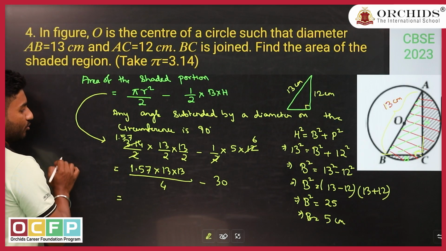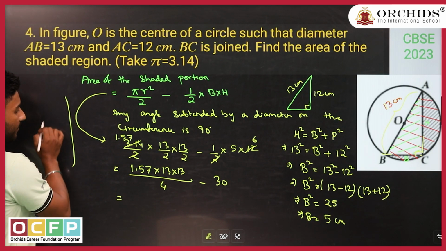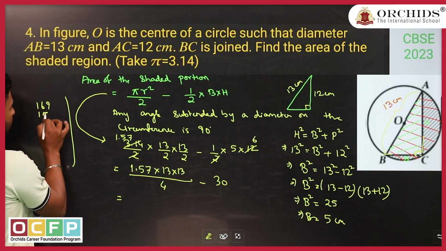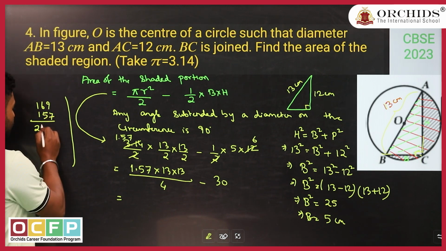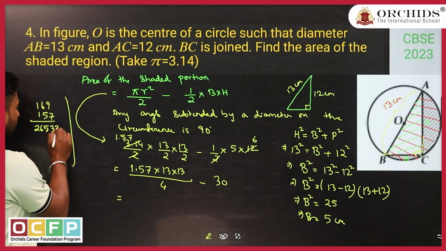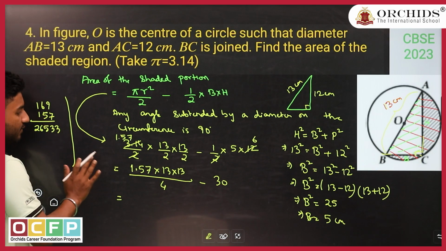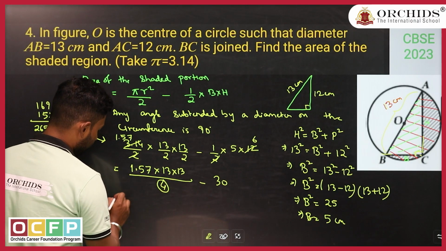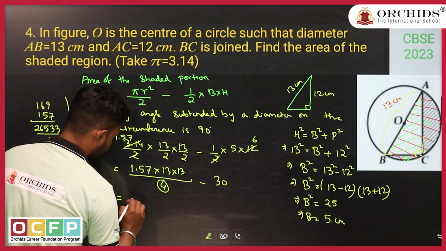So what is 13 into 13? Let us have a rough work here. 169 and then 157. We just have to multiply these two. 26533. Okay, so this 26533 I have to divide by 4. So ultimately we are getting 26533 by 4.